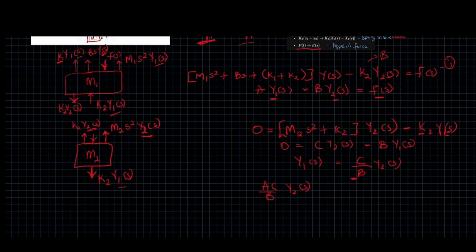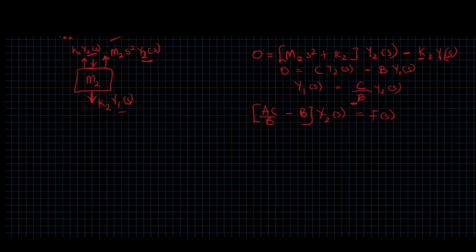You substitute this into this, minus B Y2(S). Since we are seeing two Y2(S), we can just factor it out, equals F(S). Now we can just take the LCM, so this will be (AC minus B squared) over B, times Y2(S), equals F(S).